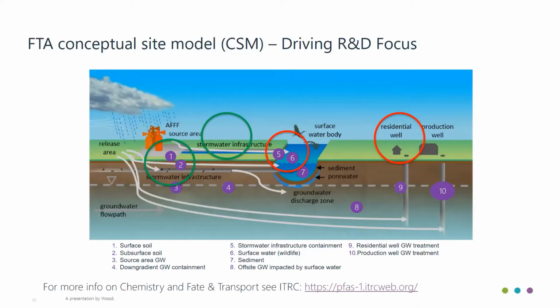PFAS can travel pretty efficiently in groundwater and in surface water. And so we can see impacts to both surface water and also residential drinking water wells at quite some distance from the site. And I also want to mention that we see this a lot in surface water, in freshwater.